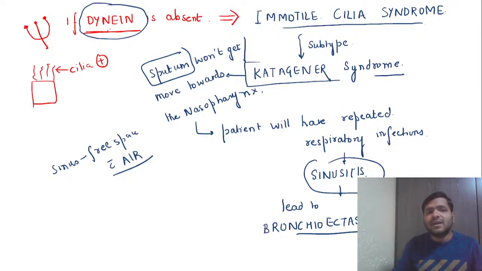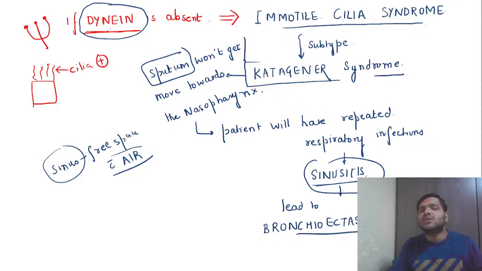The sputum will collect in this sinus, that is the free space. जहां पर air था, वहां पे अब liquid जमा हो गया, that is in the form of sputum. So that will manifest in the form of infection of the sinus region, called sinusitis. जो खाली जगह होती है जिसमें एयर की एंट्री होनी चाहिए, वहां पे अब स्प्यूटम भर गया है, तो पेशेंट को बार बार रेस्पिरेटरी इन्फेक्शन होने के चांसेस है.